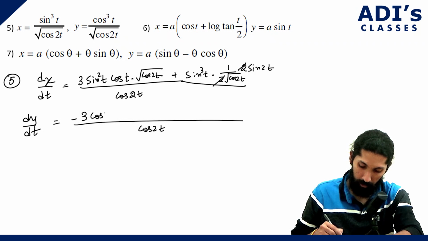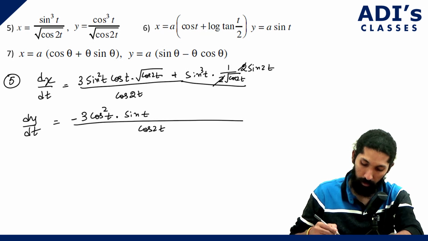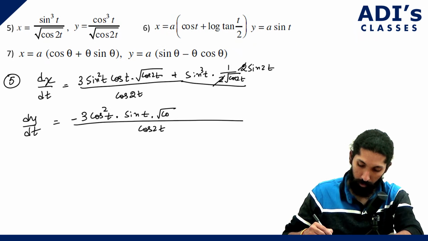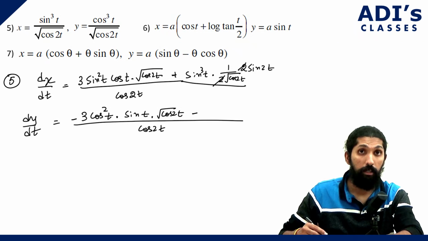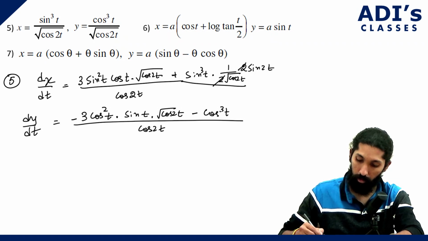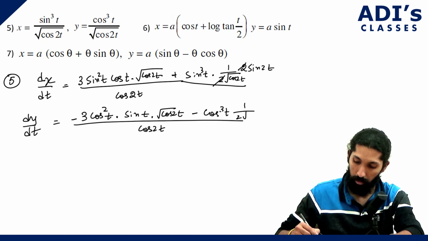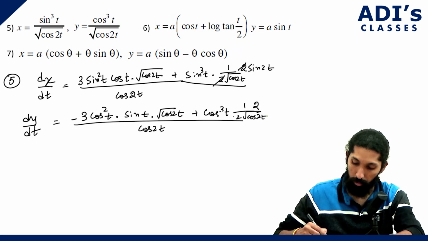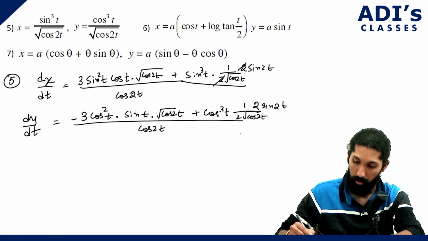Minus 3 cos square t into sine t into root of cos 2t, minus, numerator keep it as it is, cos cube t, then into 1 by 2 root cos 2t into 2 sine 2t, right? The 2 and 2 cancel out.